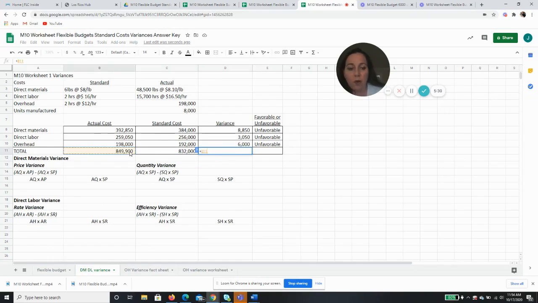So our overall variance is $17,900. I'm just going to check my total here. Just make sure that when I add up my three variances, they do equal 17,900. So that's good. And then this is unfavorable because our actual was more than our standard.